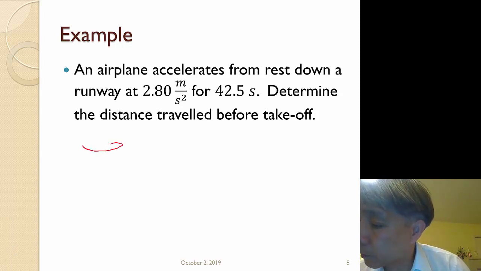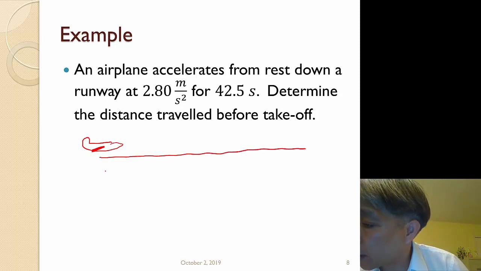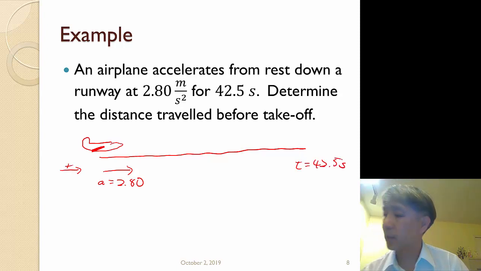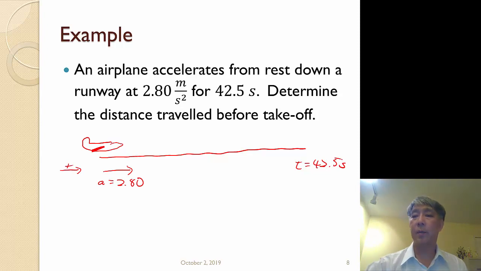Here's my plane, and it starts from here, and it accelerates at 2.80, so I'm going to call this my positive direction, and this is at t is equal to 42.5 seconds. It takes off. Determine the distance traveled before takeoff.